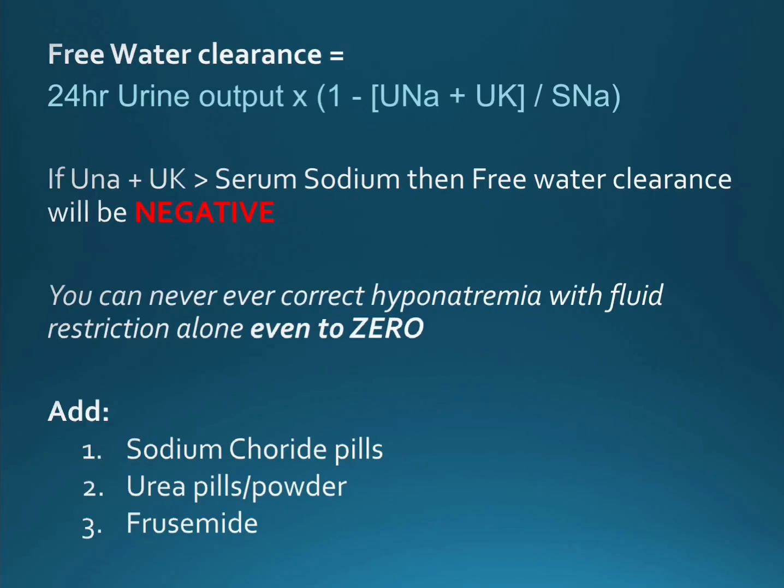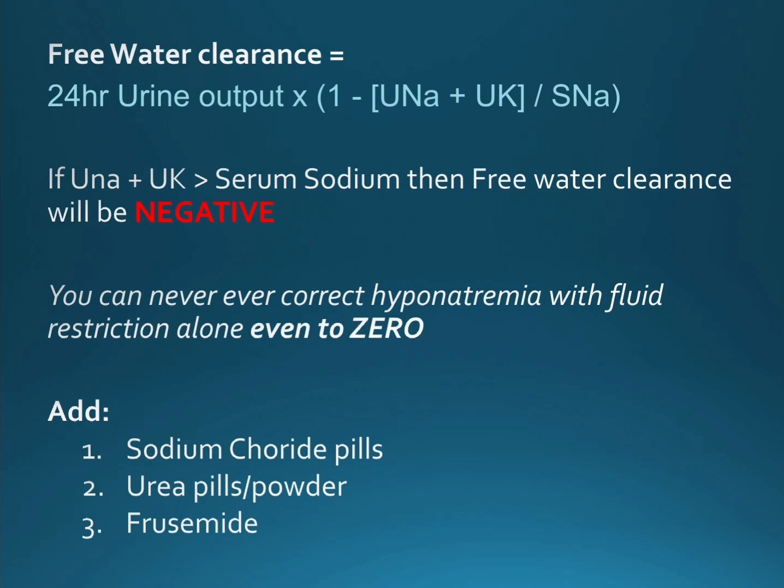How do you calculate it? It's 24-hour urine output multiplied by 1 minus urine sodium plus urine potassium divided by serum sodium. You can reduce this equation to the following. You add the urine sodium and urine potassium together.